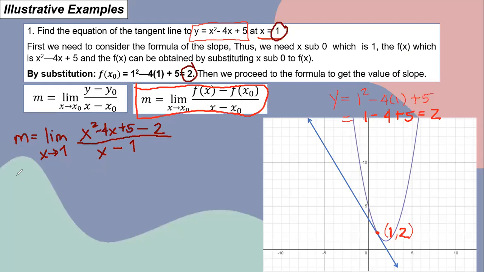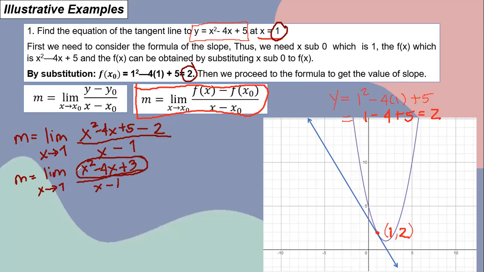Okay, so we have m is equal to the limit of x squared minus 4x plus 5 minus 2. 5 minus 2 is positive 3. All over x minus 1 as x approaches 1. Okay, so tuloy lang po.